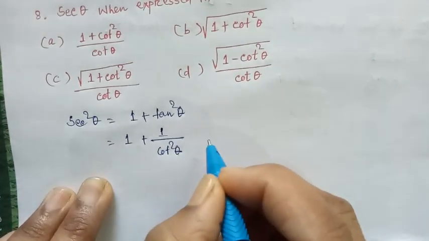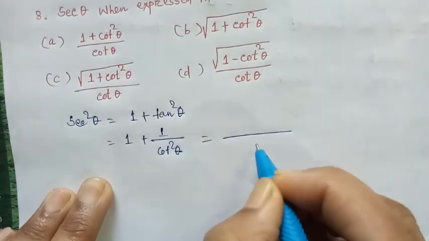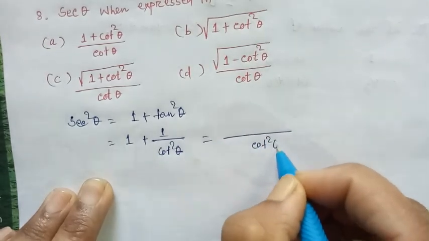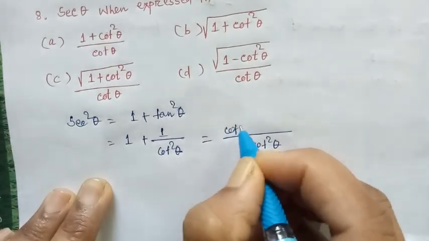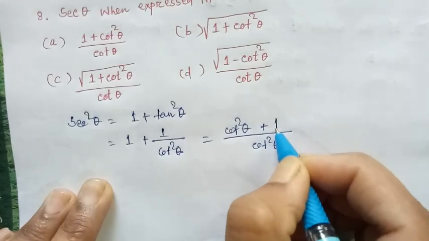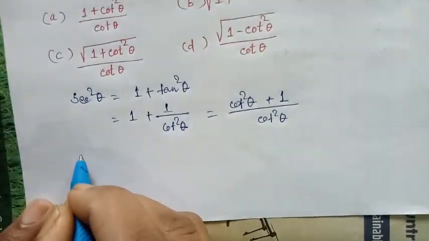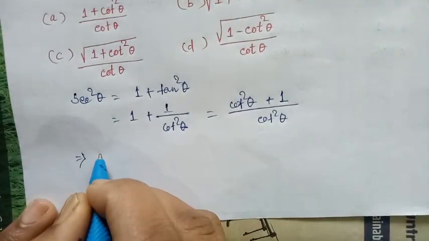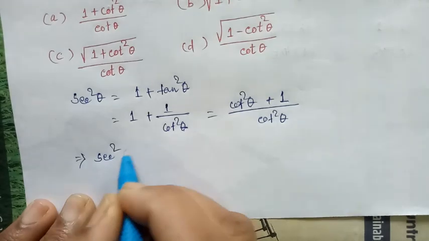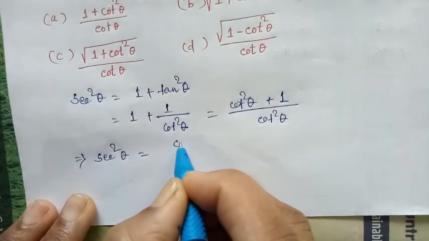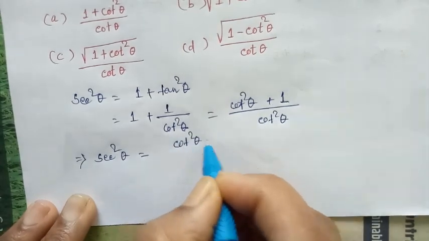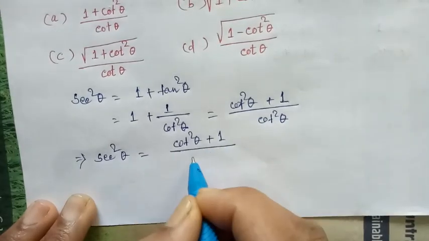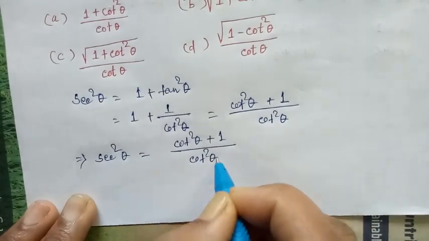Yes, that is equal to, take cot square theta as LCM. So here it is cot square theta plus 1.